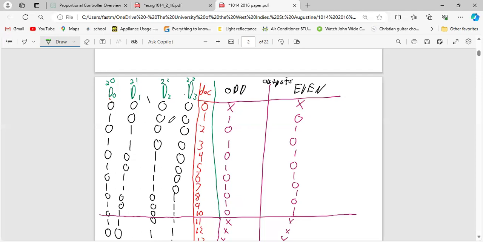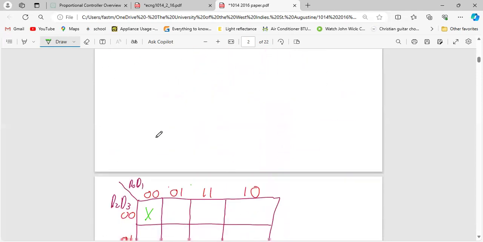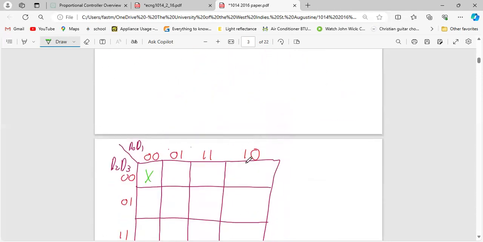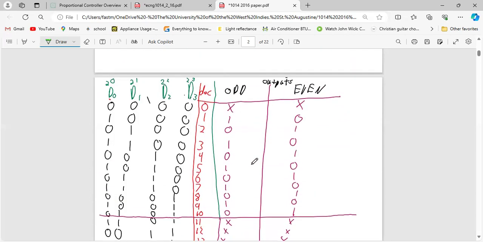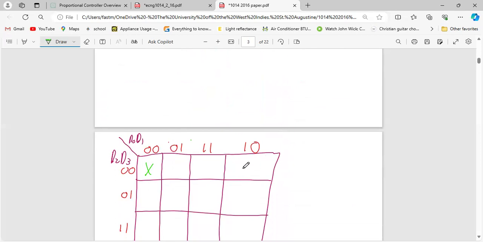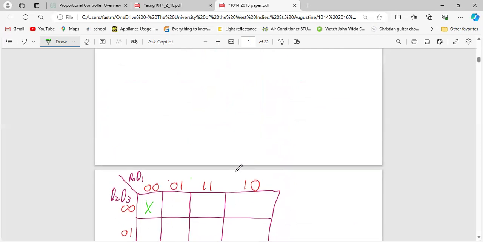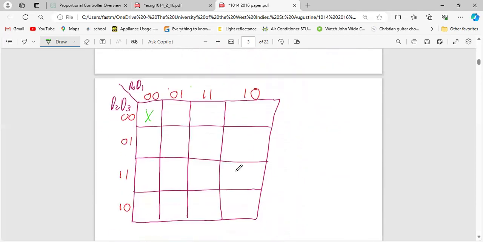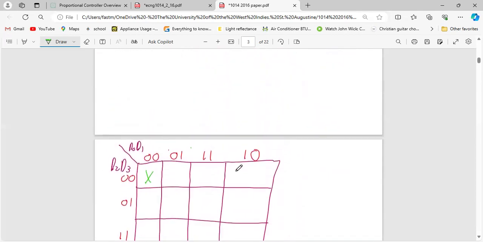This one could be 1000, so 1, 0 for D0 and D1, so that'll be here, and for D2, D3 it's 0, 0, so that'll be here. That's how you fill it in.